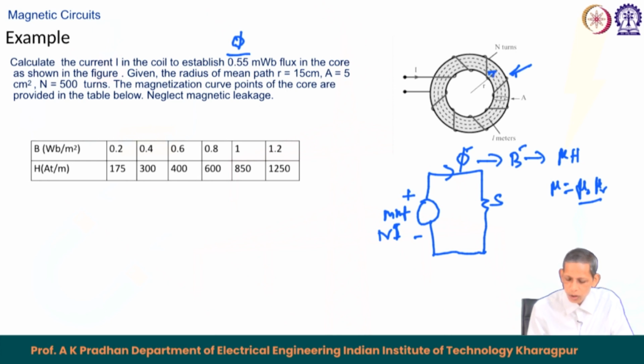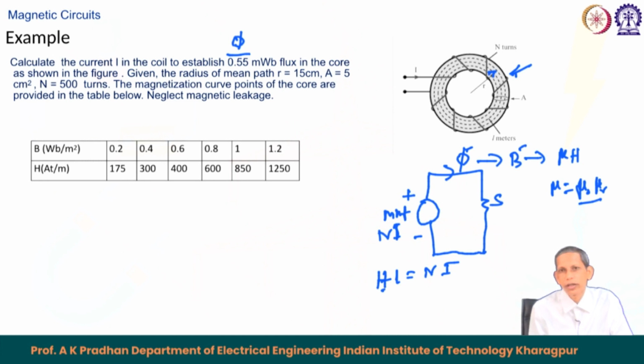Why do we talk about mean radius? As already discussed in the earlier lecture, from Ampere's law we know that H L equals N I. So, based on the length of the magnetic path, the corresponding H will vary.